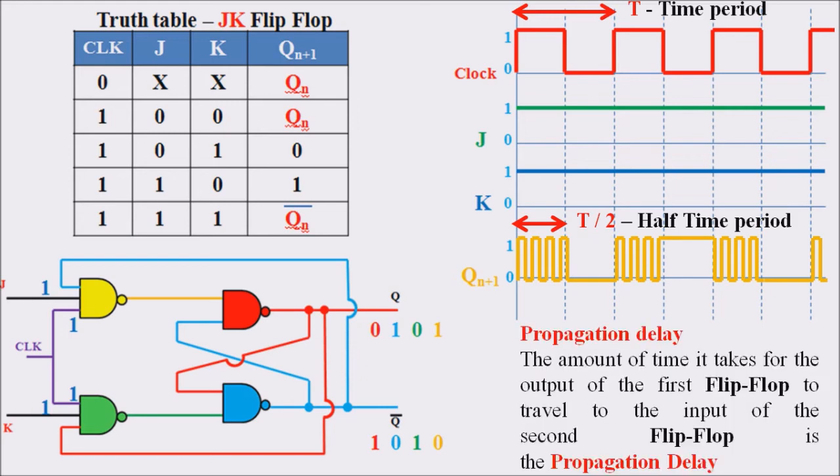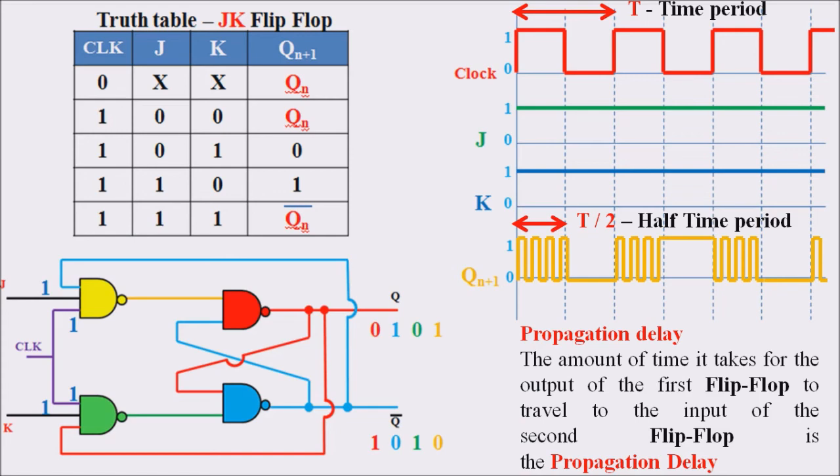A propagation delay of a circuit means any flip-flop will take some propagation delay. This simply means that the output value is fed towards the input in a flip-flop circuit, and the propagation delay means the amount of time taken for the output to travel towards the input of a particular flip-flop circuit. This time period is known as a propagation delay.